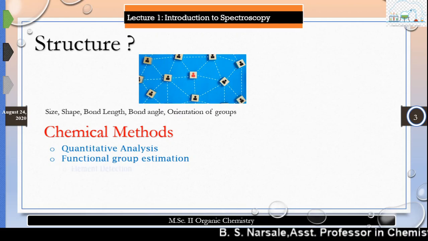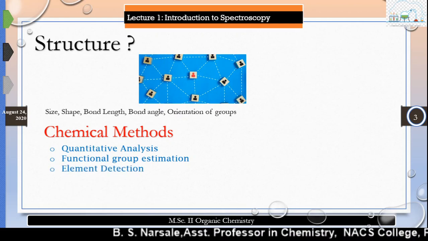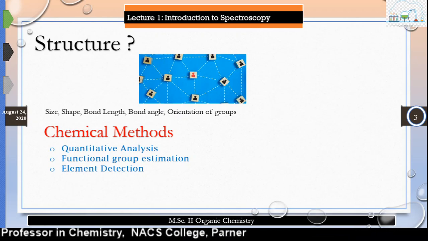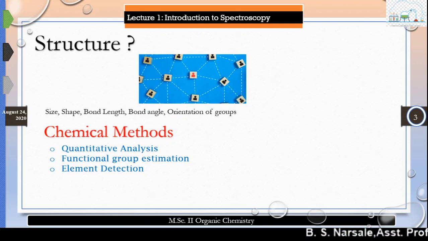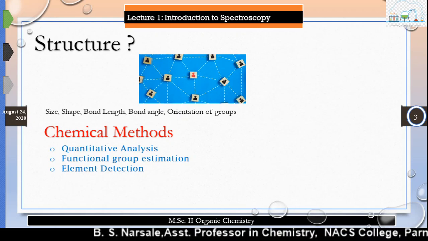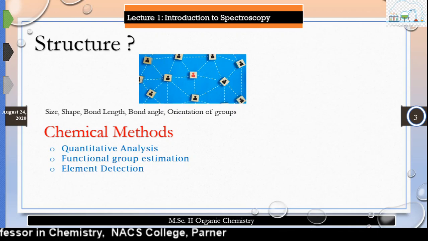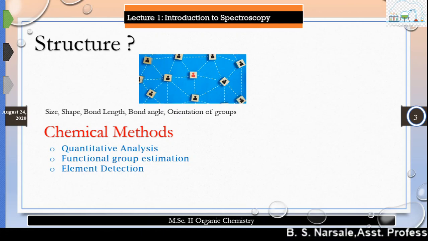In addition to the functional group, we also look for elements. In a hydrocarbon, everyone knows there is a presence of carbon and hydrogen. But in addition, other elements are also present, and we detect all these elements under element detection criteria. Under this criteria, if you detect the element, you again get somewhat more information. It creates a way to approach a perfect structure.